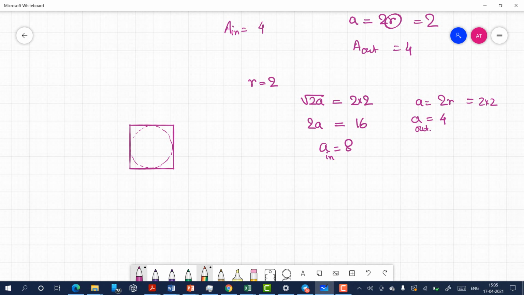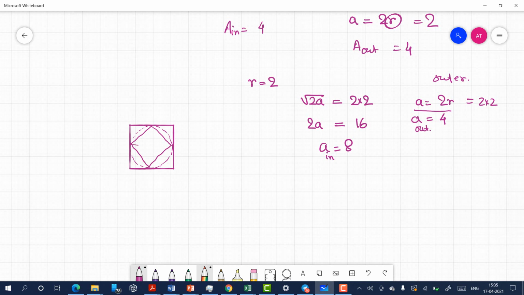So a is going to be equal to 2r. This is correct for the outer circle, right? And for the inner circle, what is going to be the truth?